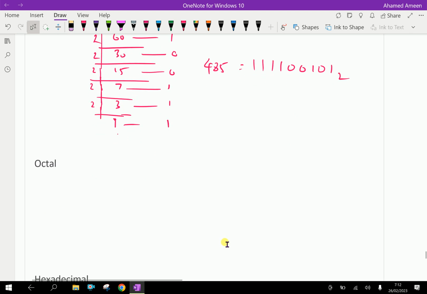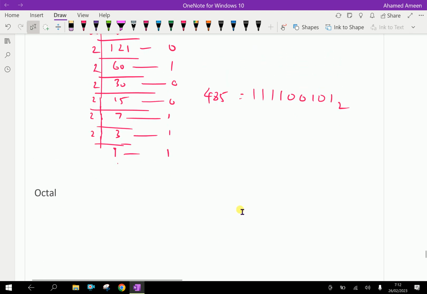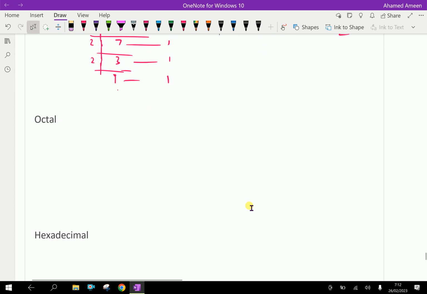Next, convert to octal. The same number, let us convert to octal. 485. To convert to octal means divide by 8. Dividing by 8 gives 60, 480, the remainder is 5.